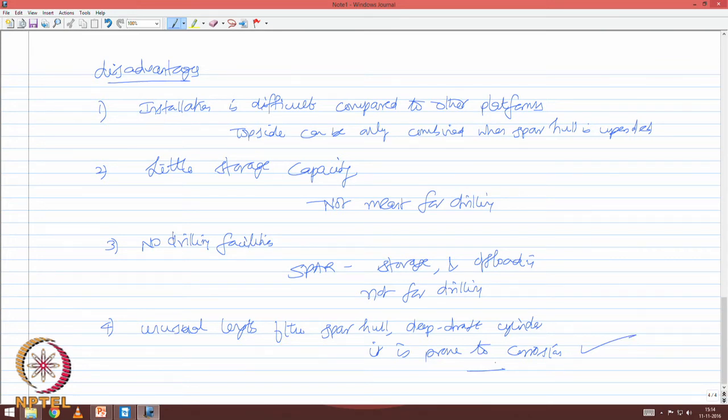Let us now move on to the novelty in floating structures. There are other floating platforms which are also constructed offshore. Most common platforms are used for exploratory drilling. Friends, there are two types of drilling one can do.